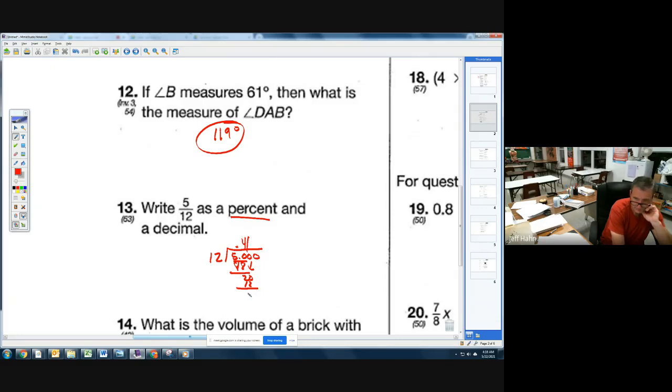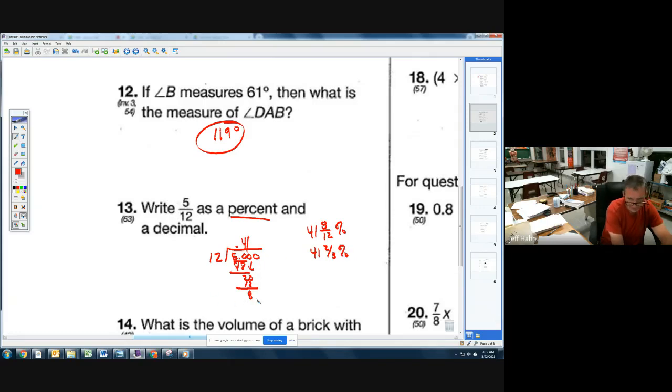And here's where you should just take a second and pause. If I'm doing a percent, I want to make a fraction out of what's left after my 2 decimal places. So my percent is 41%, and I make a fraction out of what's left, which is 8/12. 8/12 can be reduced if you divide them both by 4. You get 41 2/3%. That's my percent.